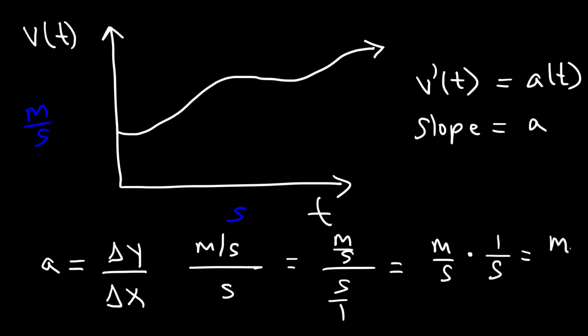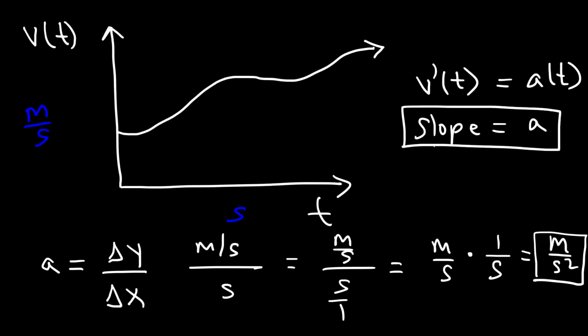This will give you meters per second squared, which is the unit for acceleration. So as you can see, the slope of a velocity time graph can give you the instantaneous acceleration, and the derivative of the velocity function gives you the acceleration function. So make sure you understand that.